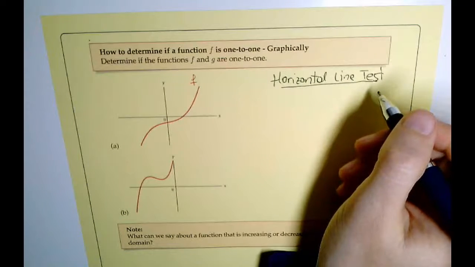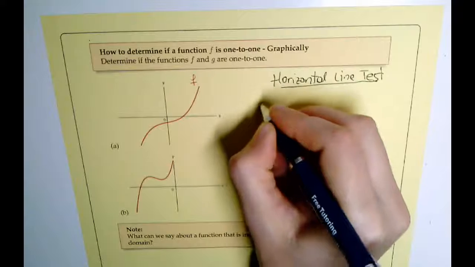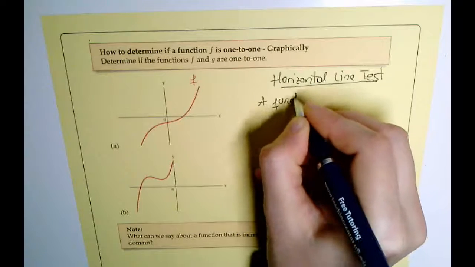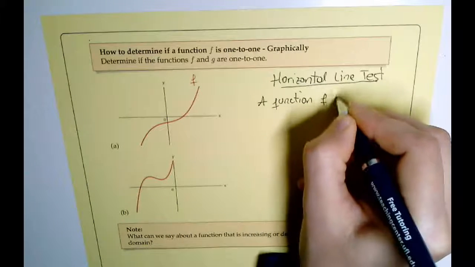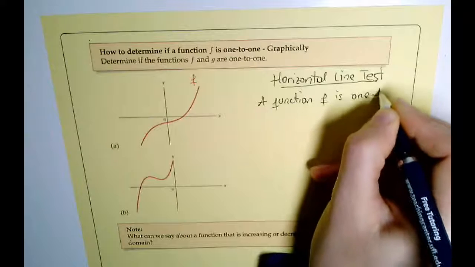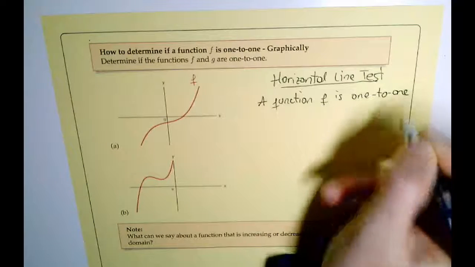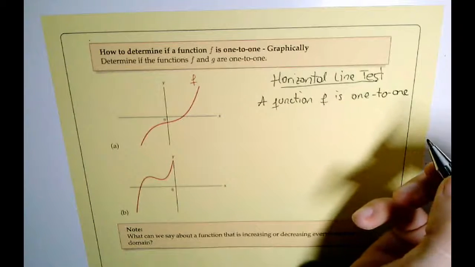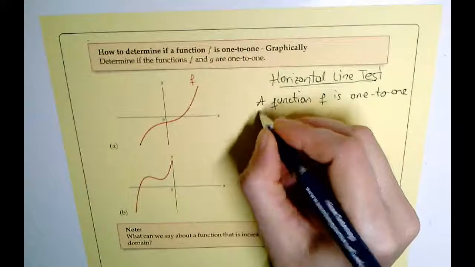This test says that a function f is one-to-one if and only if no horizontal line intersects its graph more than once.